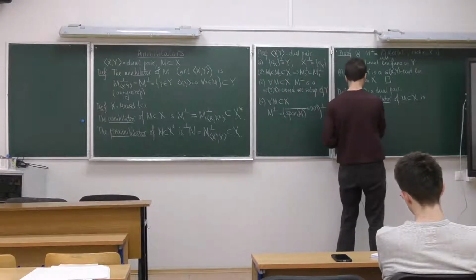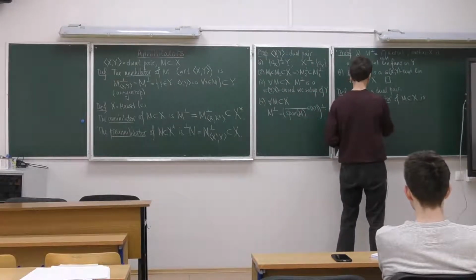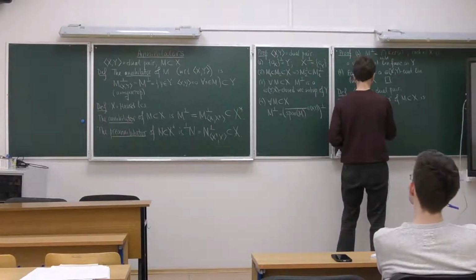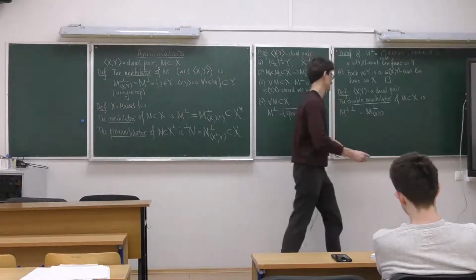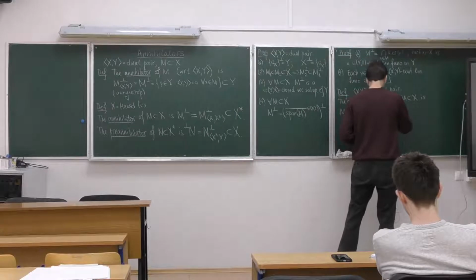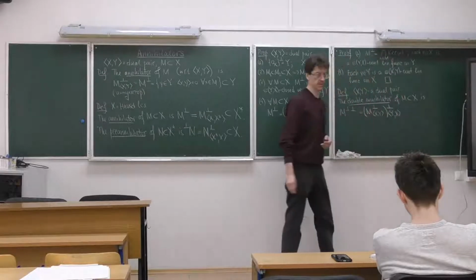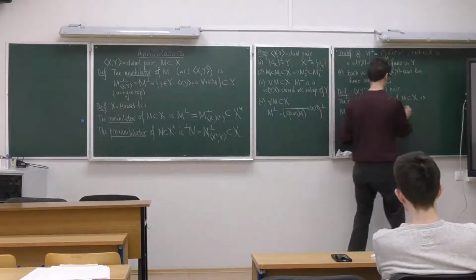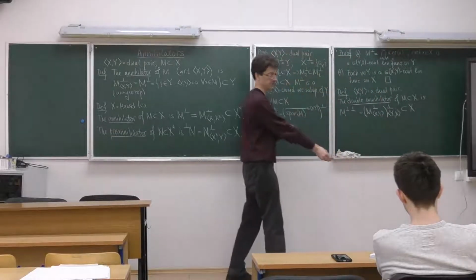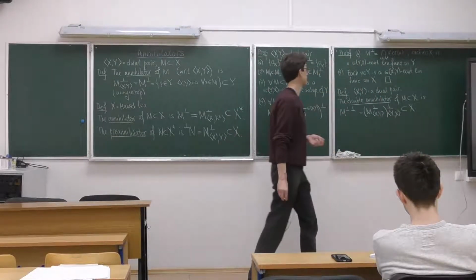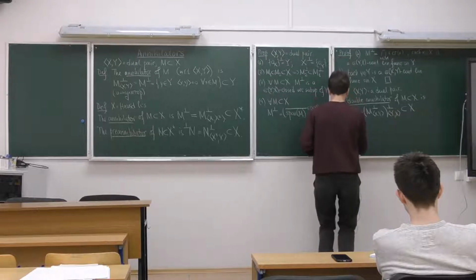And it is defined as follows. First we take the annihilator of M, and this will be a subset in Y. And then we again take the annihilator of this set with respect to the dual pair Y, X, and the result will be a subset of X. And this is the double annihilator of M.